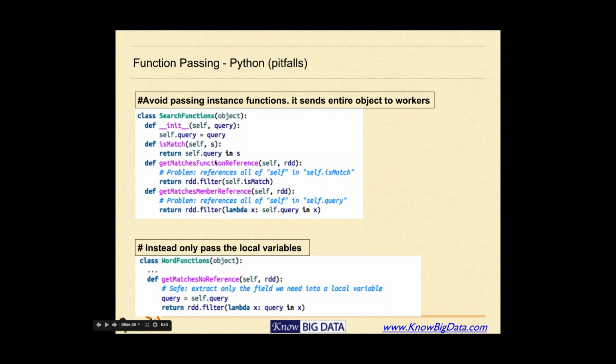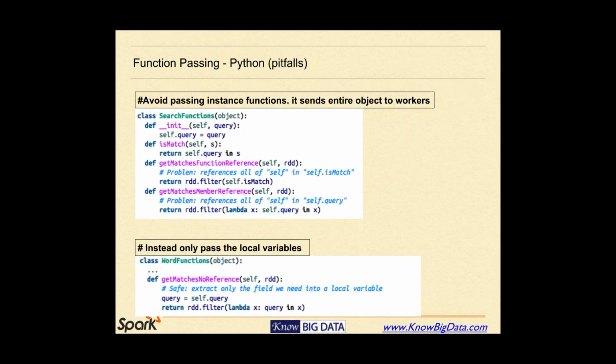What you see here is there's a member variable called get matches function references, and the first argument which we are sending to this is an RDD. We are saying rdd.filter self.isMatch, and what we're trying to do is pass an RDD to this function, and then on the RDD we are passing the filter.